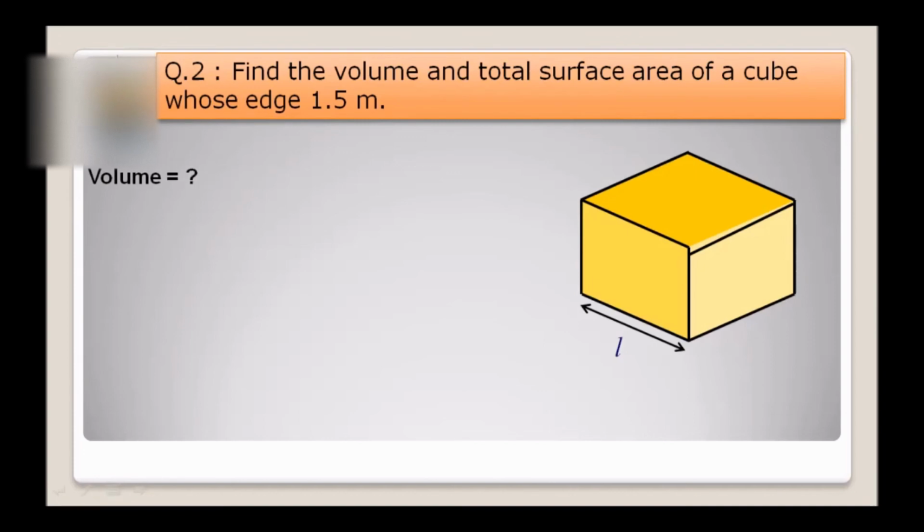Now in this question, we have to find volume and total surface area. Now we know that each side or each edge is 1.5 meters.